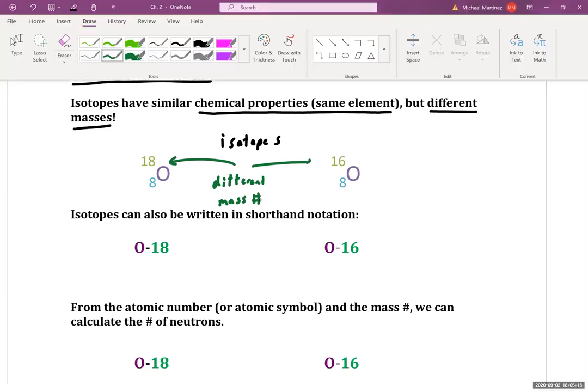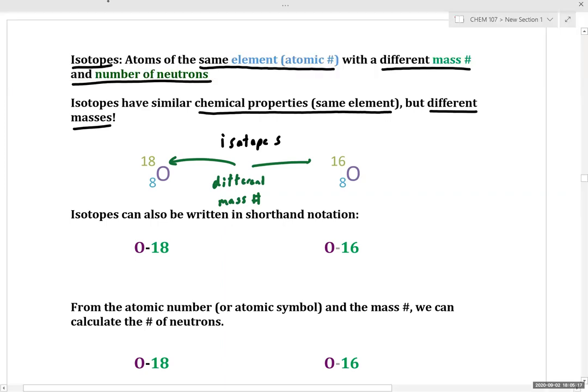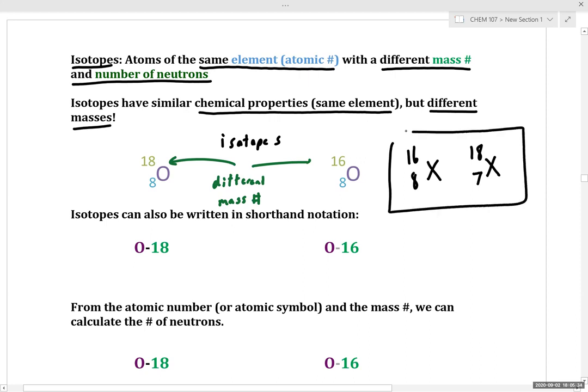Now, one thing that students often get tripped up on here is that if I have an element X with the symbol 16/8 and an element X with the symbol 7/18, are these two isotopes? Are these the same element with different masses?